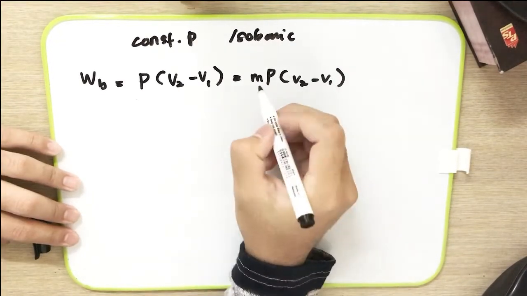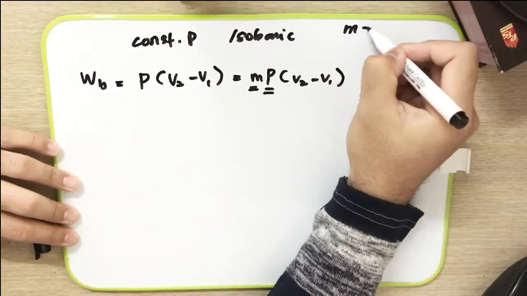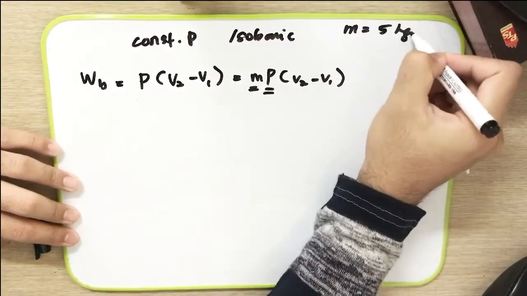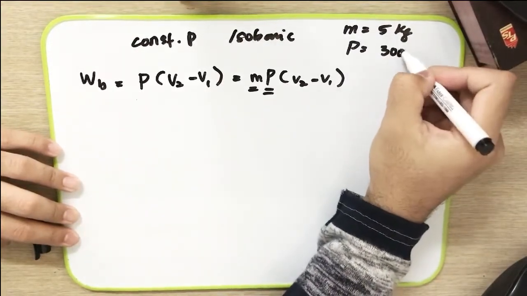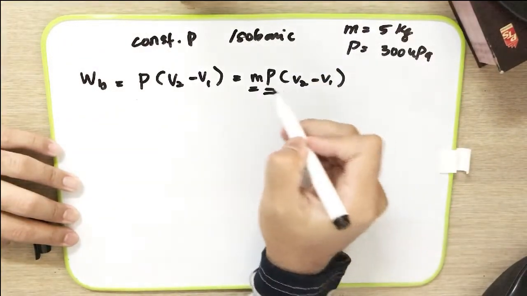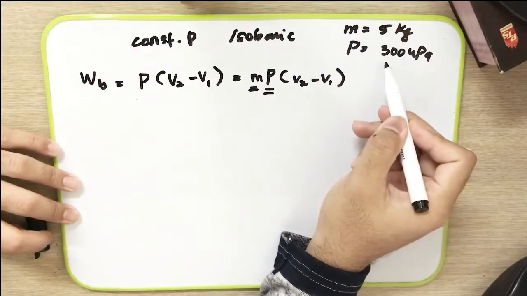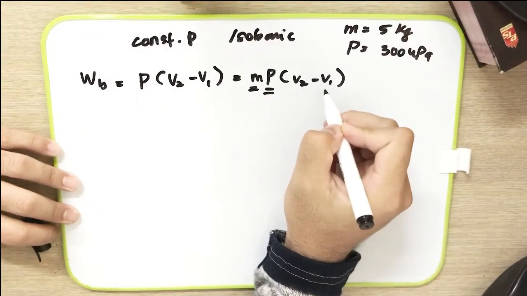According to this equation, m is given and P is also given, in which m is equal to 5 kg and P is equal to 300 kilopascal. Since it happened isobarically, we can just use this pressure. Just that the V2 and also V1 we have to find.